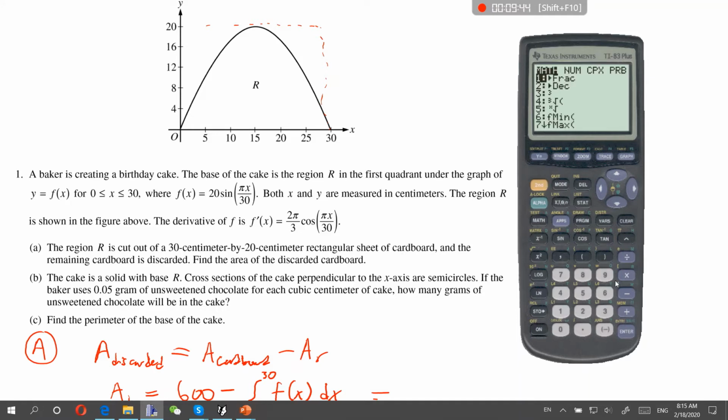And we're going to integrate that in terms of x from 0 to 30, and then subtract that from 600. Okay, so that gives us 218.028 centimeters squared.